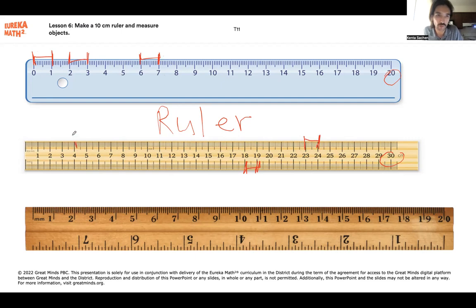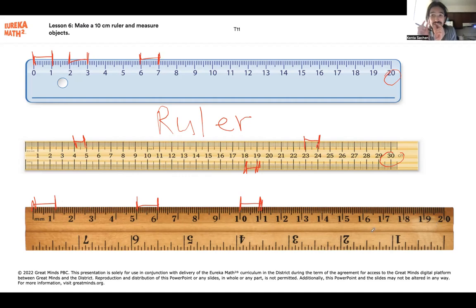Same size back here, between 4 and 5. Very important that they're the same exact size. Same with here, right? Between 0 and 1, or between 5 and 6, between 10 and 11. They're the exact same size for the whole ruler. That's very important.